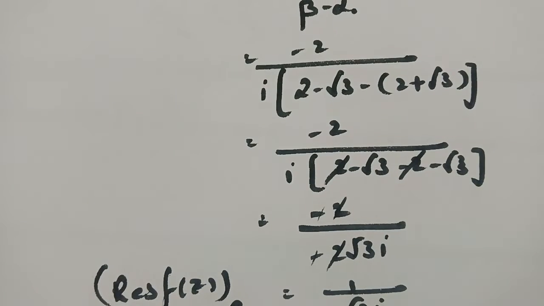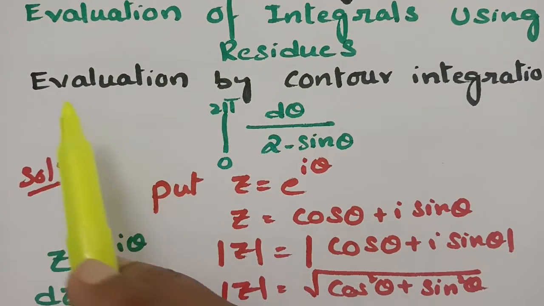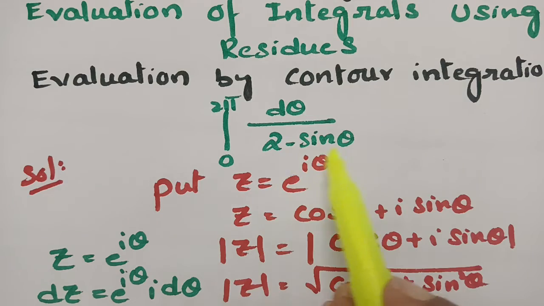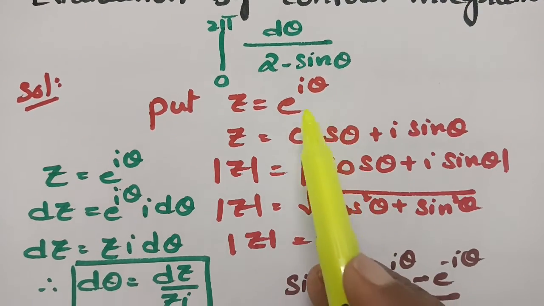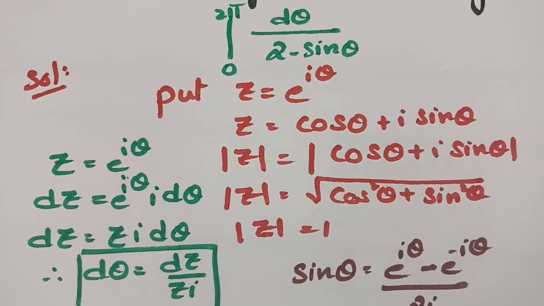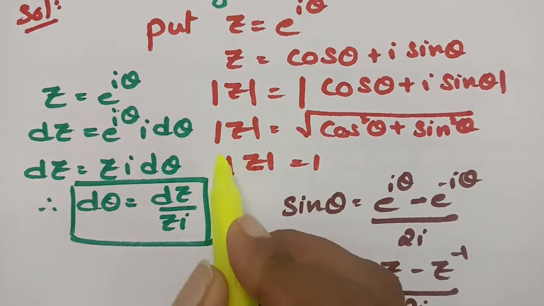See, let me explain you. First of all, what is the question given? We have to evaluate by contour integration, that is integral 0 to 2 pi d theta by 2 minus sine theta. So z is equal to e power i theta. E power i theta is nothing but cos theta plus i sin theta. Mod z is equal to cos square theta plus sin square theta, which is equal to 1. So we got this.